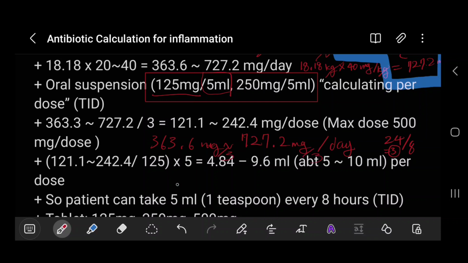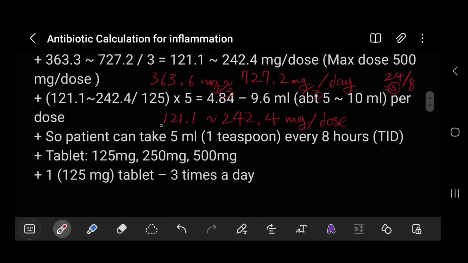Then it'll be 121.2 to 242.4 milligram per dose. Okay, so when we give the patient, it is the range that we can give.